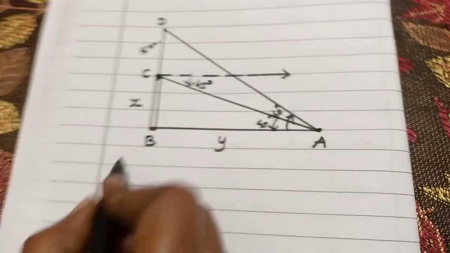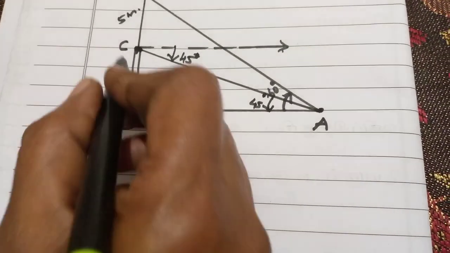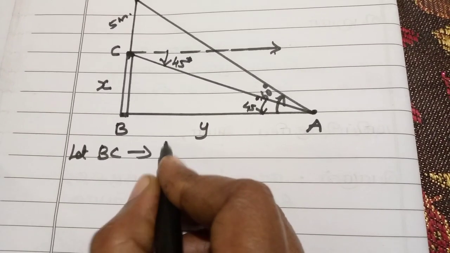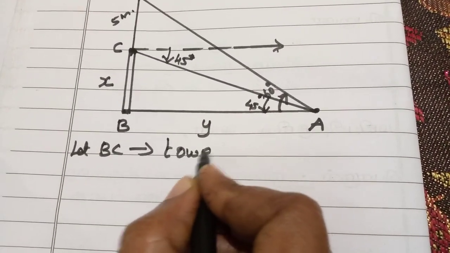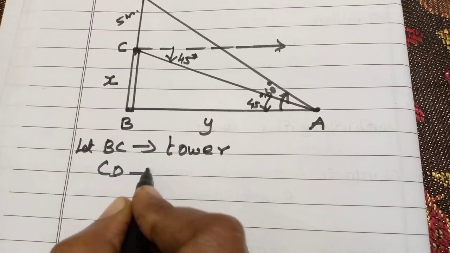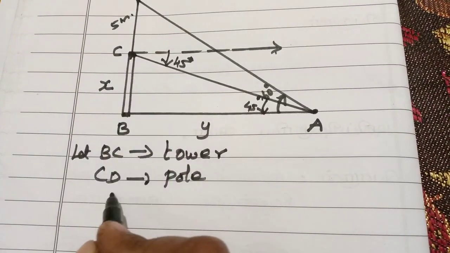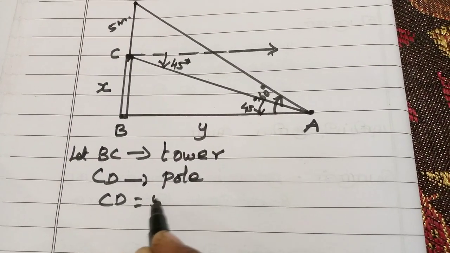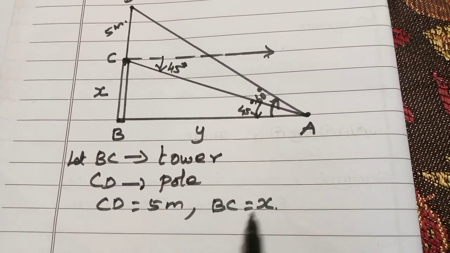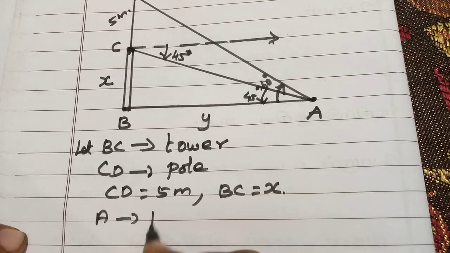Let BC, the height of the tower, be X. Let CD be the pole, 5 meter, it is given. CD equal to 5 meter, BC equal to X, and A be the point of observation.